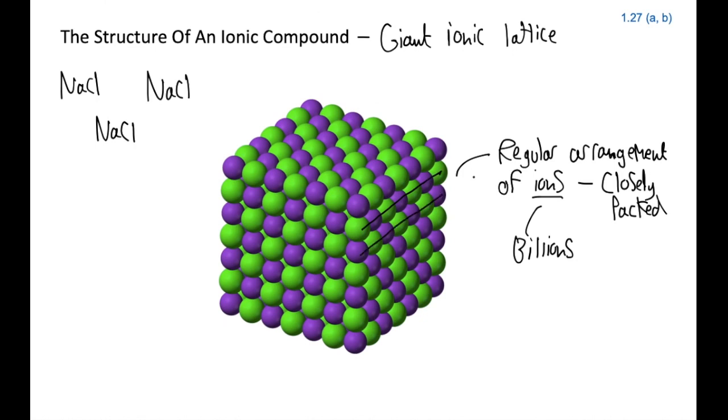So we have a regular arrangement of billions of oppositely charged ions closely packed together. And we can say, for example, that these purple particles are sodium ions and the green ones are chloride ions. The electrostatic forces of attraction that we spoke about earlier occur in all directions, and instead of having one positive ion attracted to one negative ion, the attractions act in all directions.